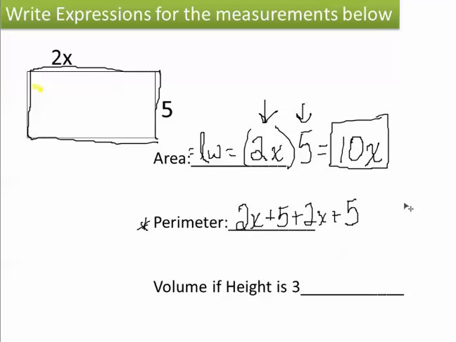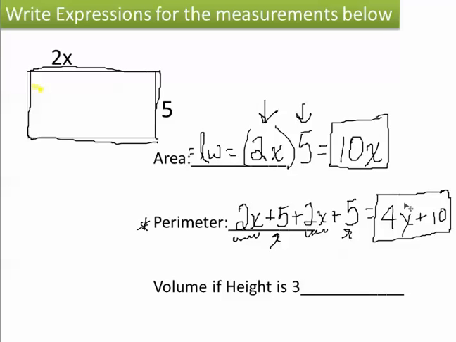I have a polynomial here, and we'll talk about that term later. It has 2 like terms, 2x and 2x, and I can add those together to get 4x. It has 2 other like terms that are constant terms, 5 and 5, and I can add those together to get 10. So the simplest way to write an expression for the perimeter of our rectangle is 4x plus 10.